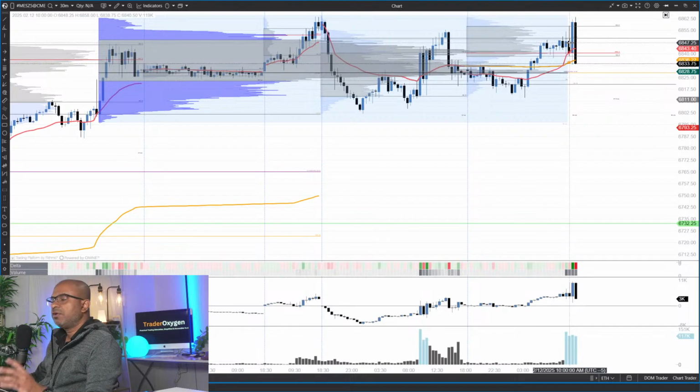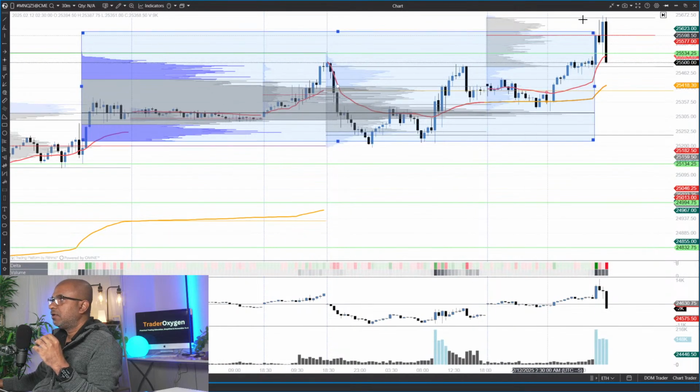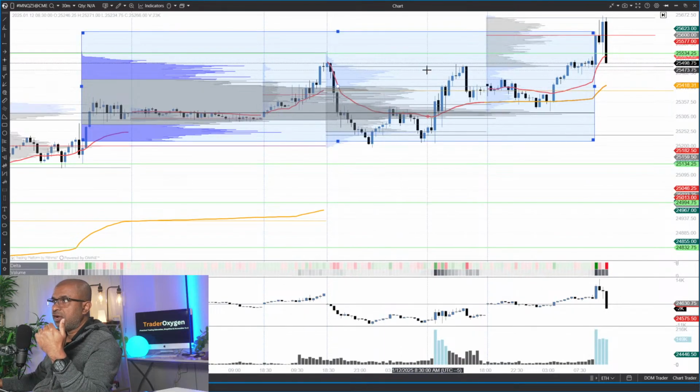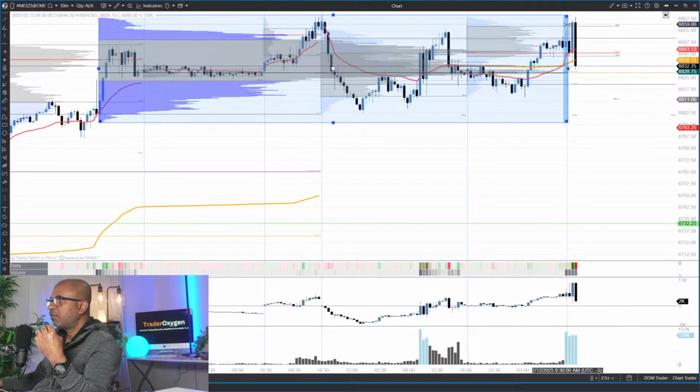So we can see two different stories in S&P 500 and in the Nasdaq. Nasdaq showed a sort of bullish breakout away from the value area high, and S&P 500 at that time showed the price pushing away from the value area high, but again came back into the value area.